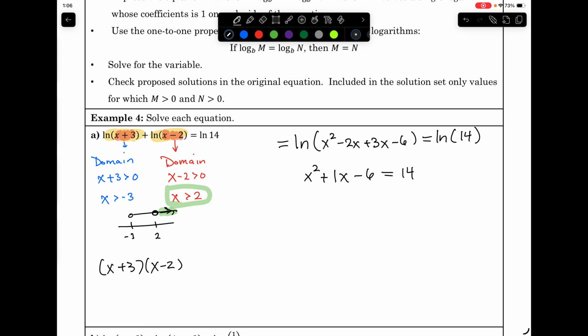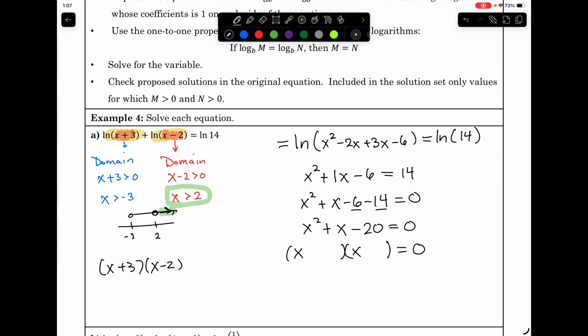Because this is a quadratic equation, similar to the last two problems we did, we need to move everything to the left side and change the positive 14 to a negative 14, setting this equal to 0. If I combine these two terms, that gives me a total of negative 20. And voila, I have a quadratic which hopefully can be solved using our standard factoring technique.